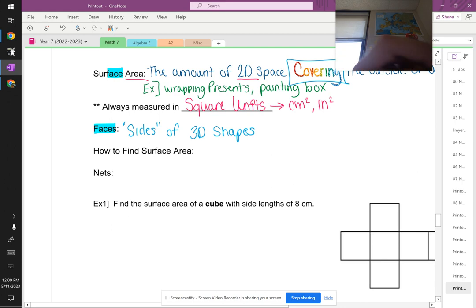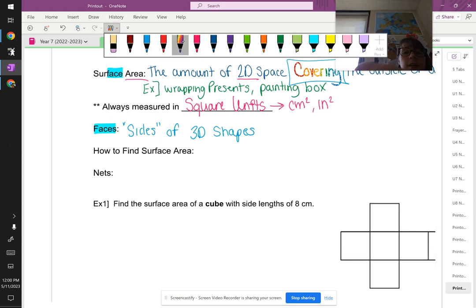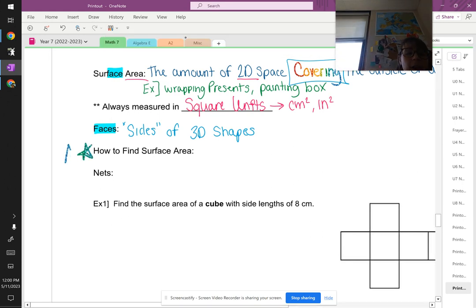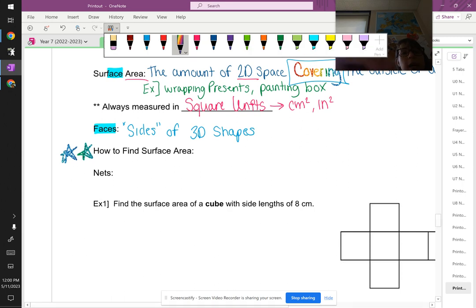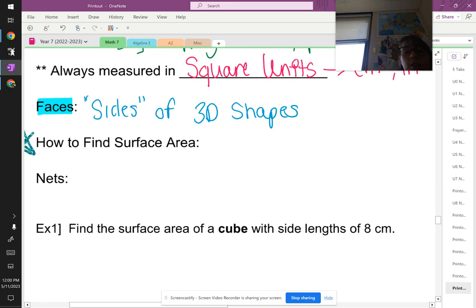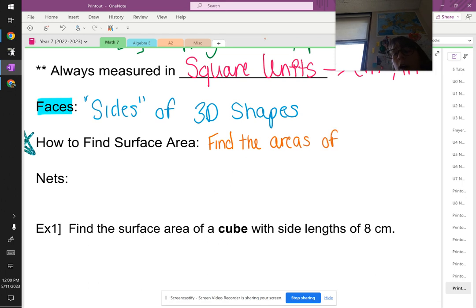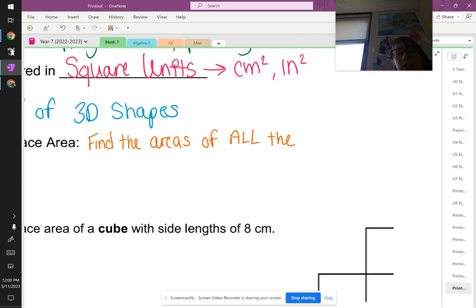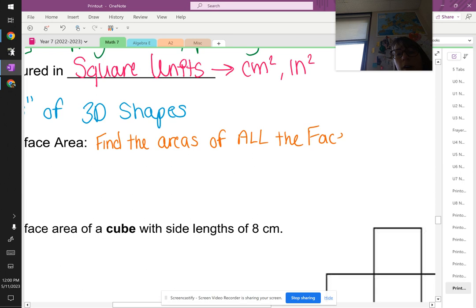Now, this is the part over here where you're going to want to star or highlight. If you're stuck, you want to come back and read on how to find the surface area. And what you're going to do to find surface area is first, shockingly enough, find the areas of all the faces, hence the name surface area.